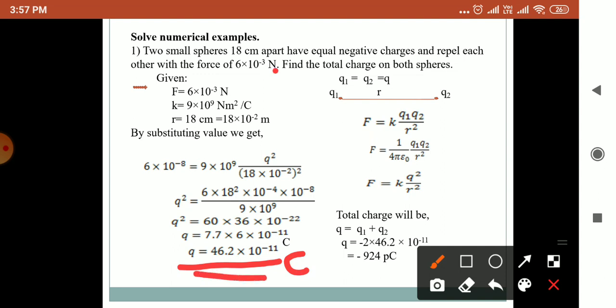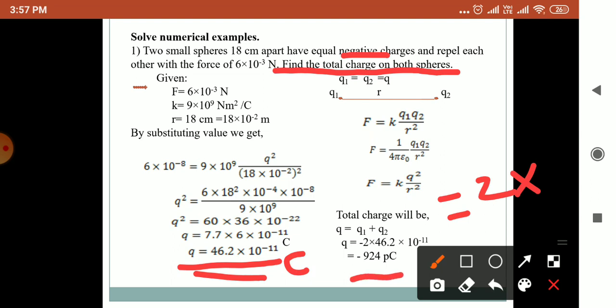Now we have to find the total charge on both spheres. So the total charge Q equal to Q1 plus Q2. Both are the same, so we can put that into 2. As they are negatively charged, putting the minus sign, we get minus 2 into 46.2 into 10 raised to minus 11.